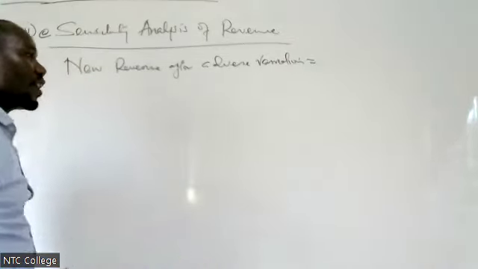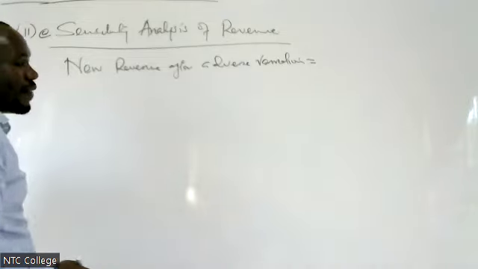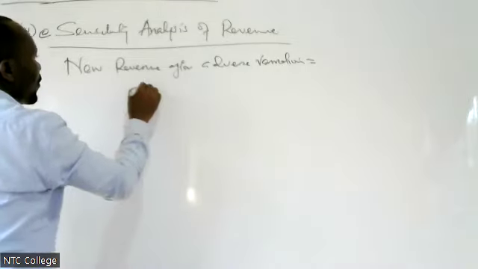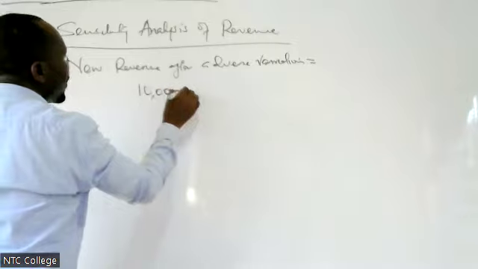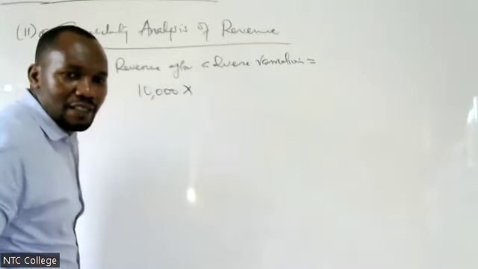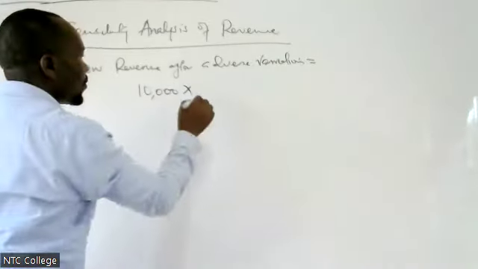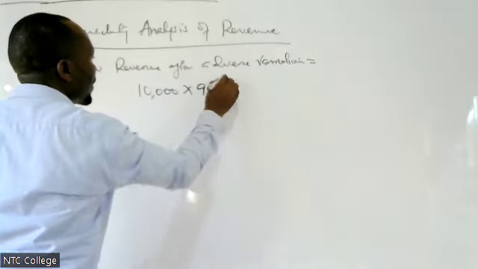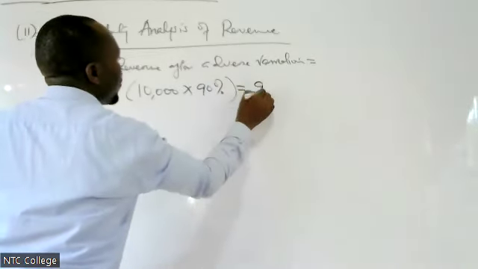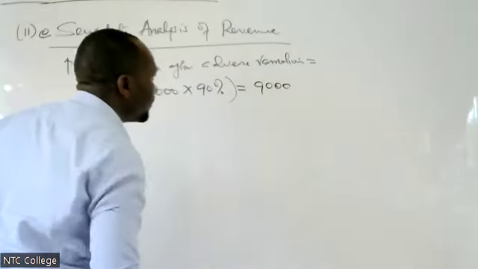What do you get? Initially, the revenue was 10,000. If it goes down by 10%, it means that you are back to 90%. So you multiply this with 90%. The new revenue will be 9,000.